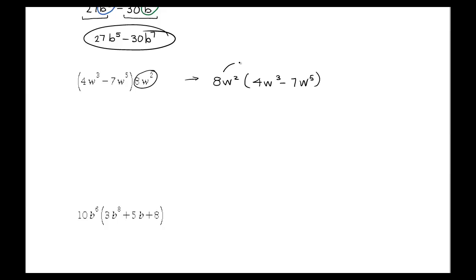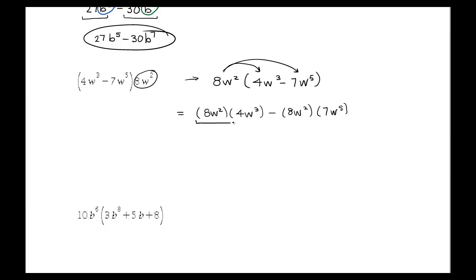So now I'm going to take my 8w squared and multiply it with each term inside the parentheses. So that's going to give me 8w squared times a 4w cubed, and I'm going to have a minus that, 8w squared times a 7w to the fifth.